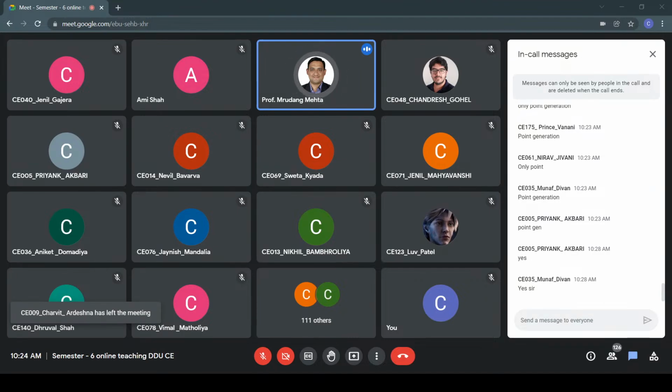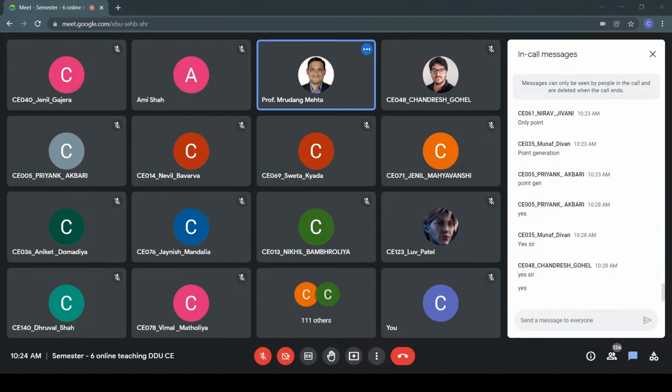Those who have finished point generation, you may consider the remaining part, that is non-singularity, and make your program more robust. The second part will be in the next lab, after your second sessional examination, that is key generation and encryption and decryption. Is that clear to all of you? Okay.